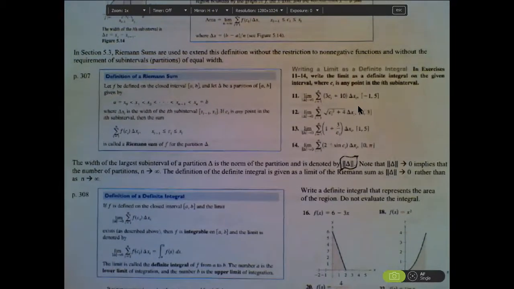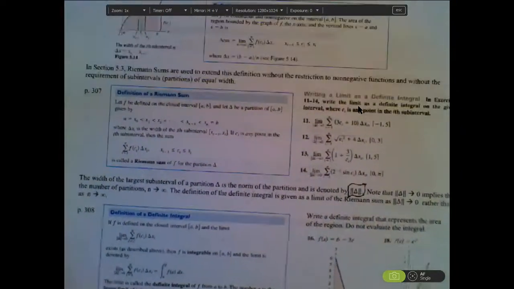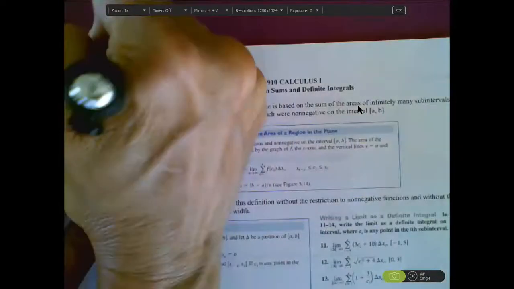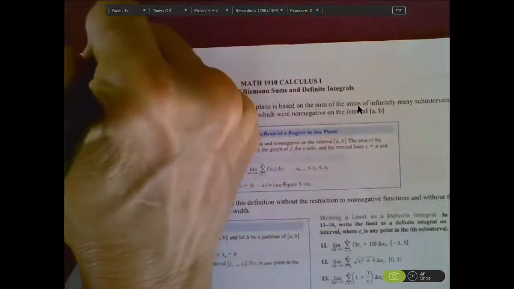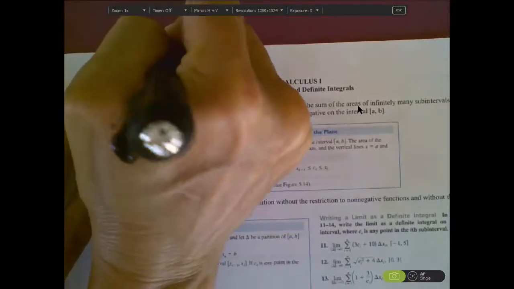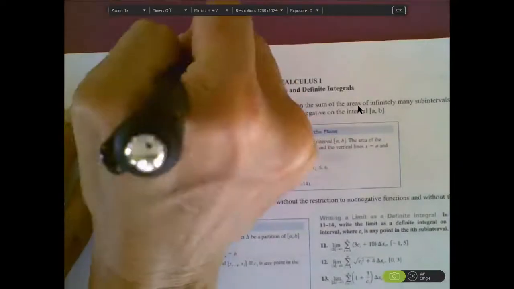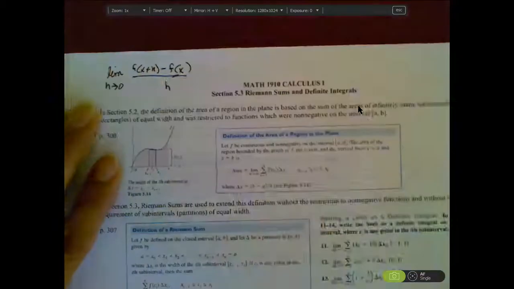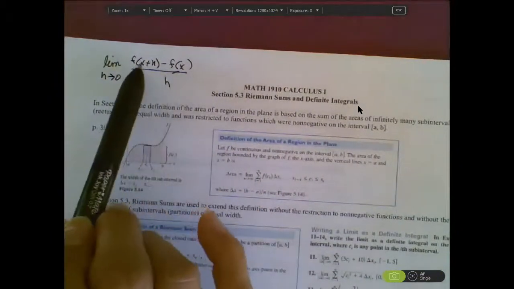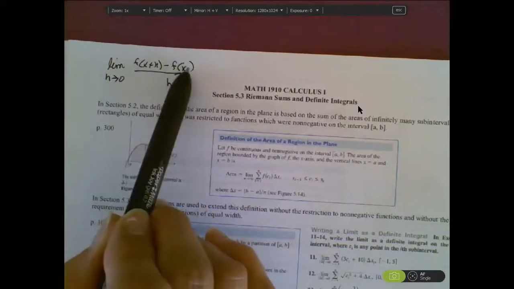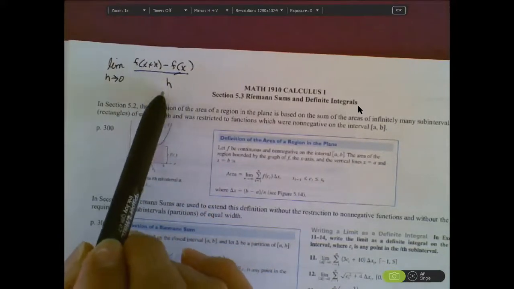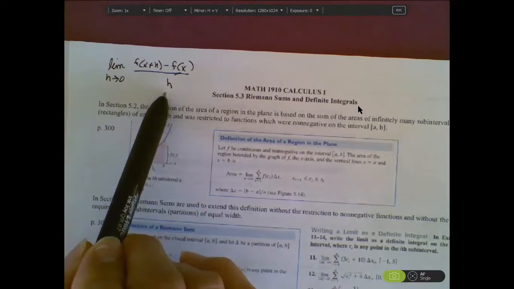Now, you'll remember how weird the definition of the derivative looked the first time you saw it. The limit as h goes to 0 of f of x plus h minus f of x over h looked absolutely bizarre, but then you found out this is just the difference in two y's over the difference in two x's as the two x's get closer and closer.